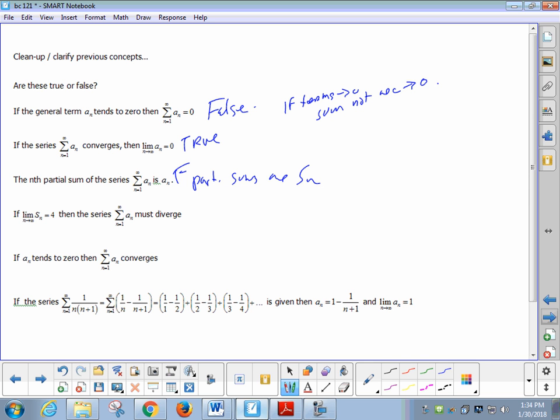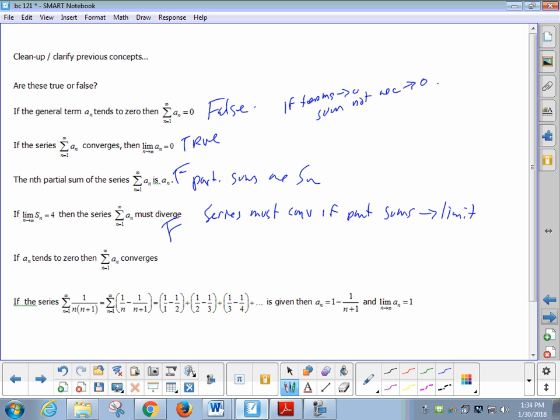Remember, a series converges if the partial sums approach a limit. They're saying right there, the partial sums approach a limit. So the series must converge. That is false.